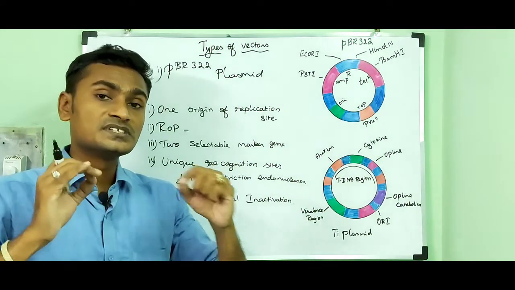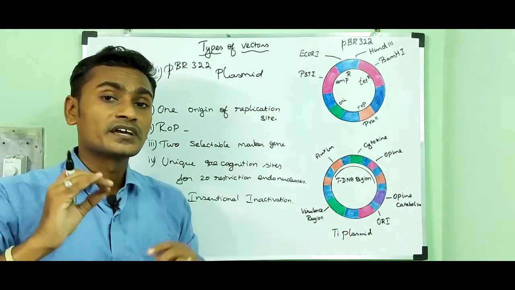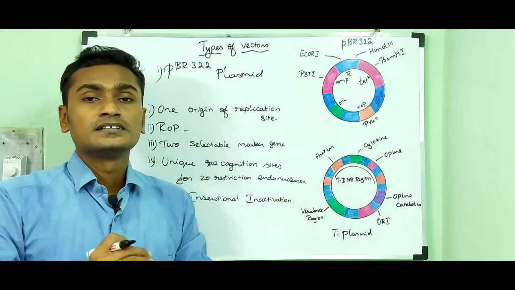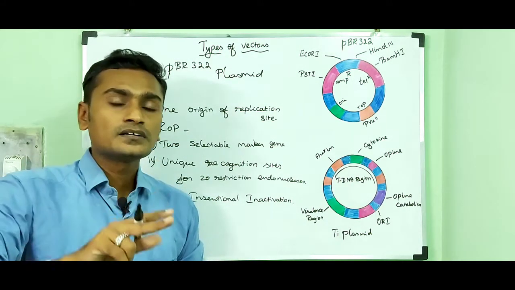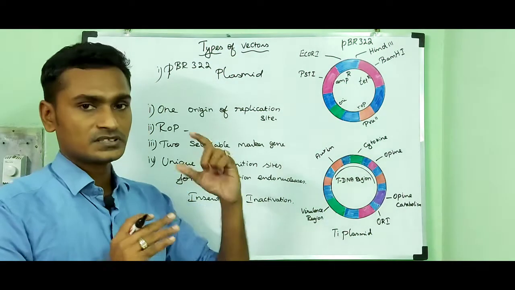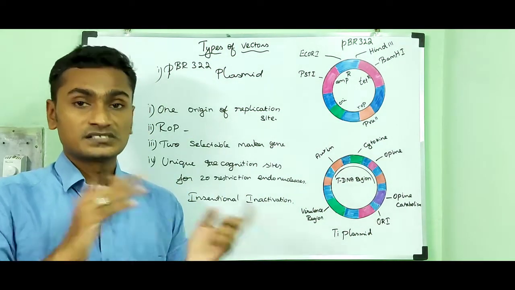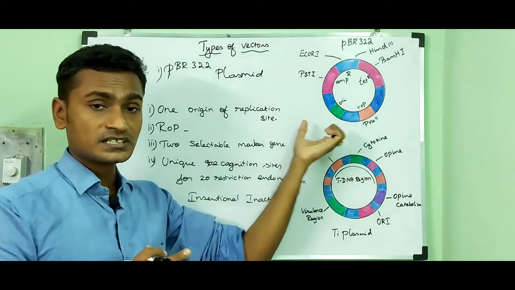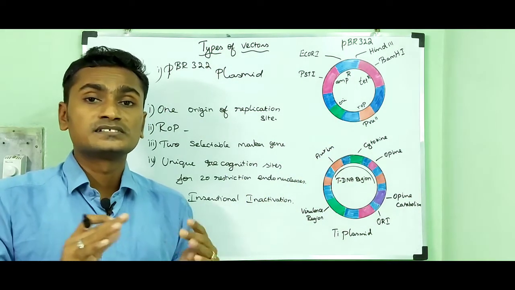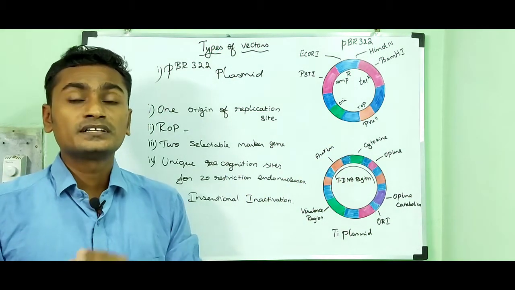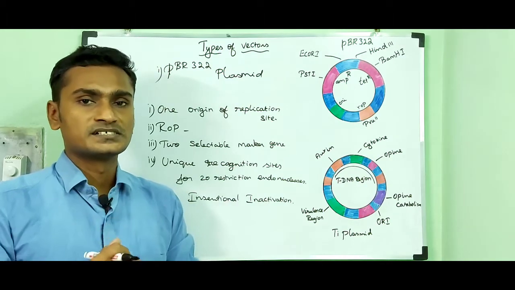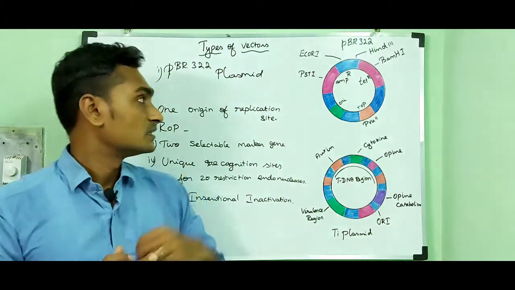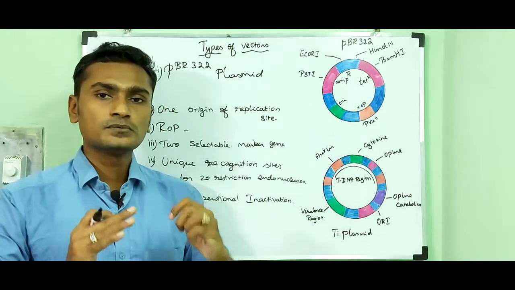So with this feature we can identify and select the transformed and non-transformed recombinants, that means cells. So that's all about the pBR322 plasmid.